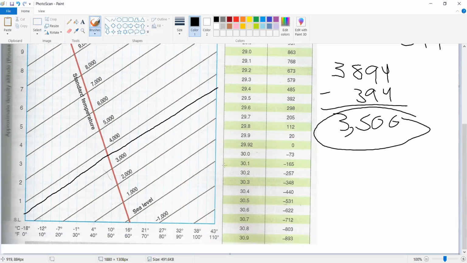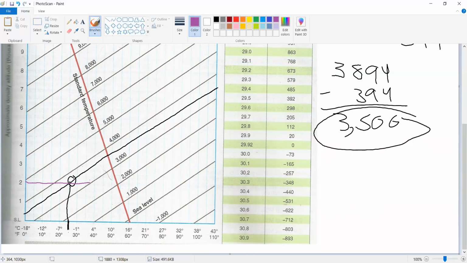Let's come down. So the temperature we're given is plus 25. So 25 would be somewhere around this line here. So all we have to do is go up. We intersect at this particular point, and that particular point corresponds with this line.